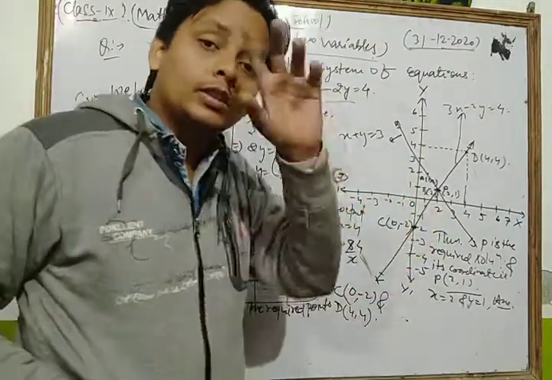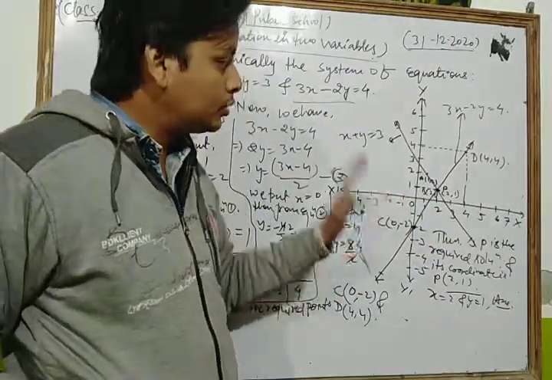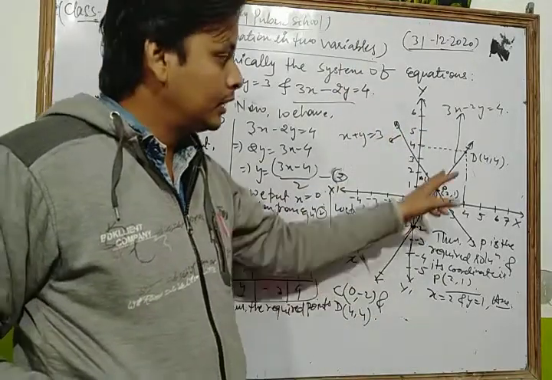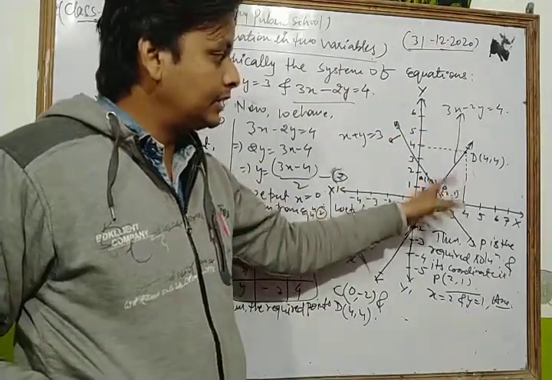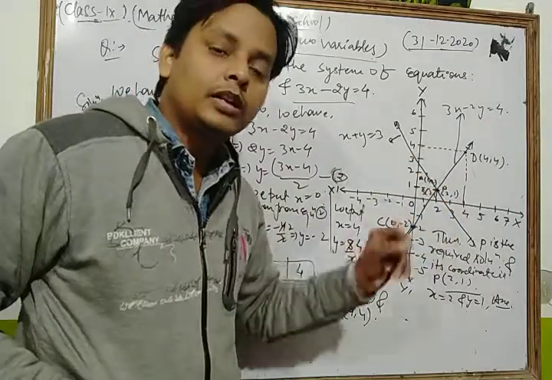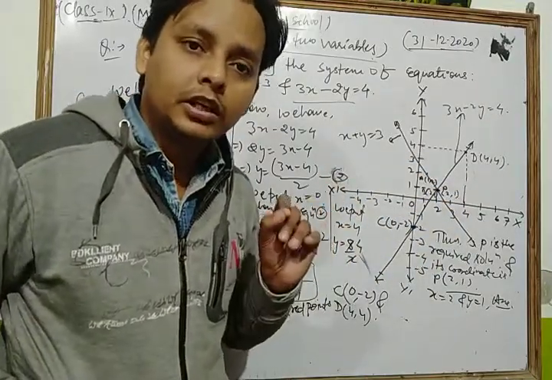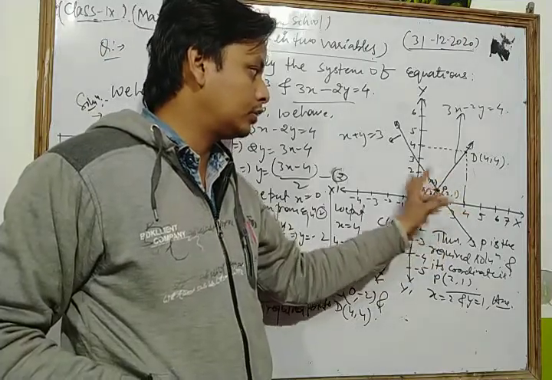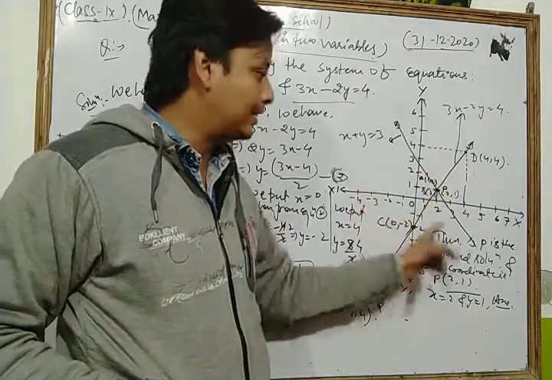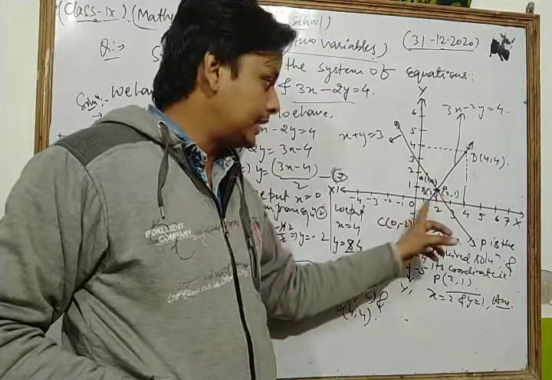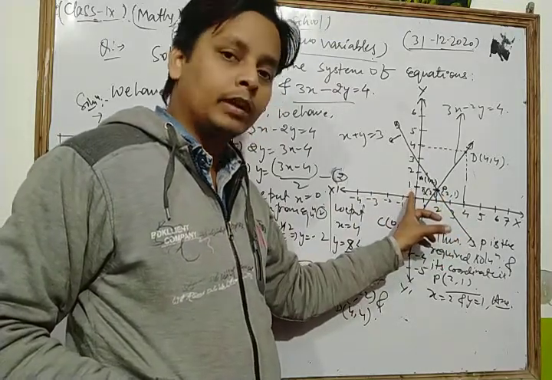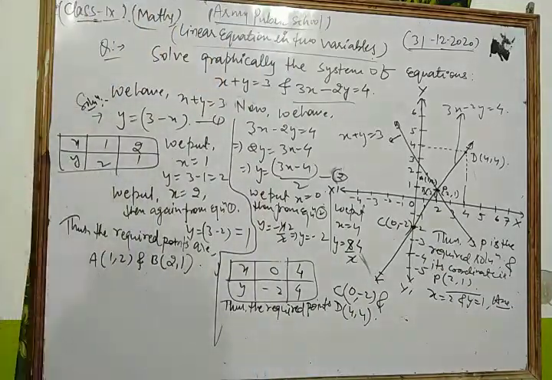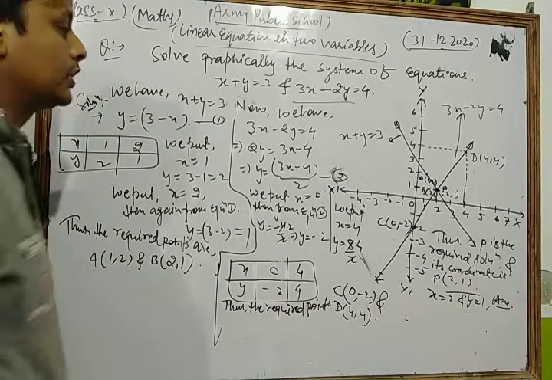After that, on the same graph paper you draw the graph of both the linear equations, and where the lines intersect each other, that is the required solution of the given equations in two variables. So here the point of intersection of the two lines is P, and the coordinates of P are 2, 1, meaning abscissa is 2 and ordinate is 1. So this is the required solution of the given linear equations in two variables.